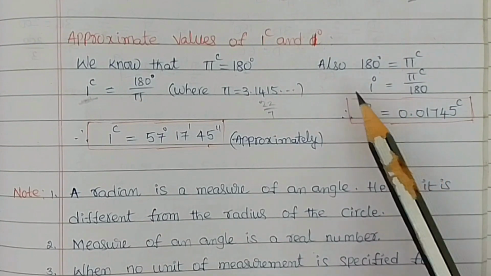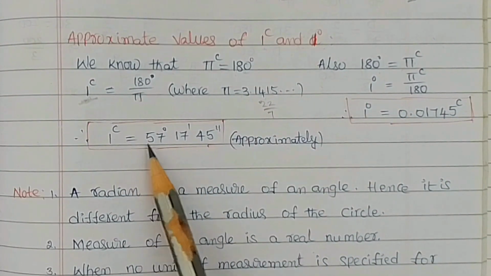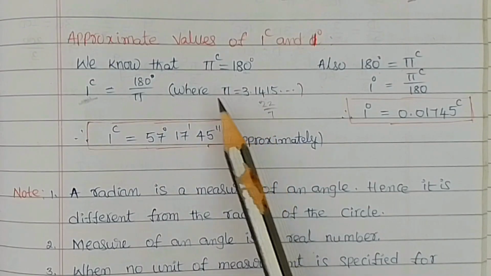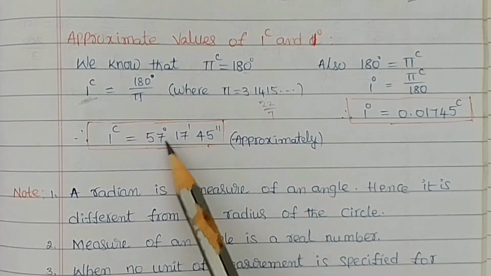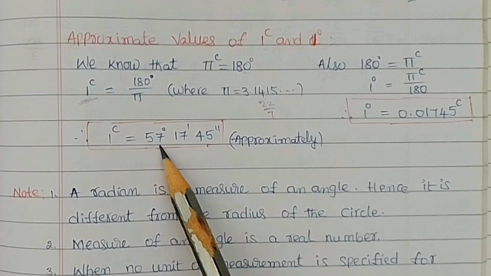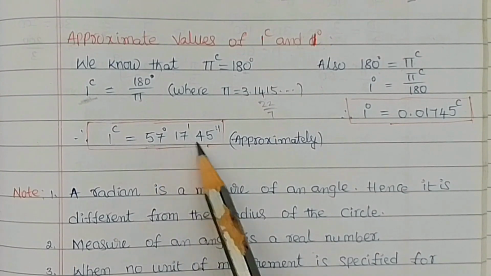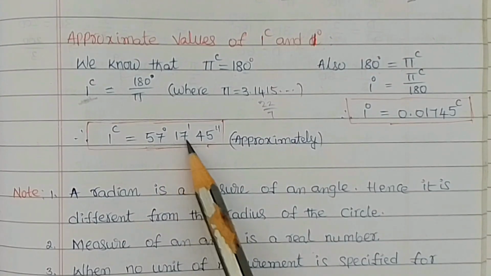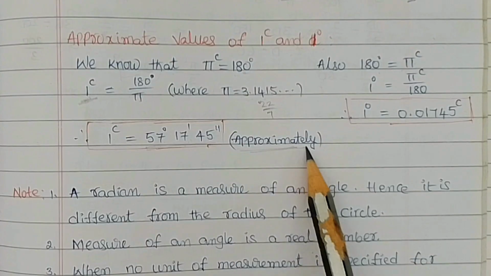Dividing 180 by π gives approximately 57 degrees 17 minutes and 45 seconds. This is an approximate value.